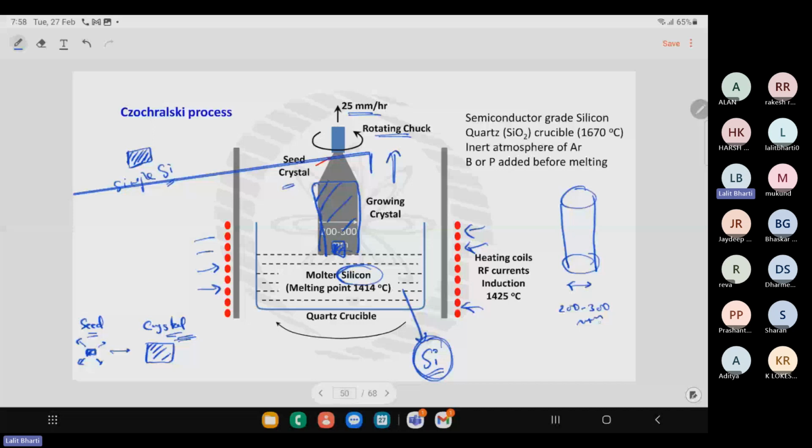Then it is cut into single discs. That is the reason why you get silicon wafers of only certain diameters, even in your labs.